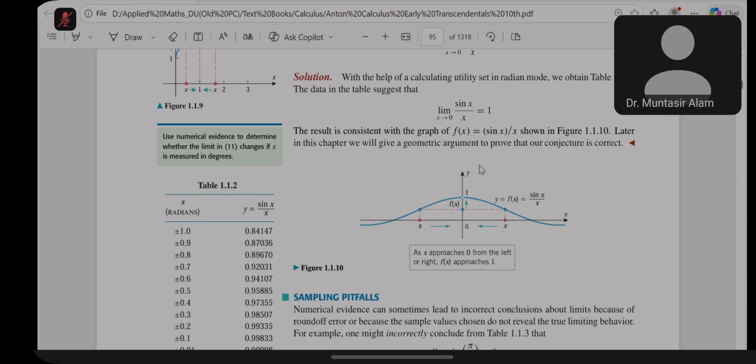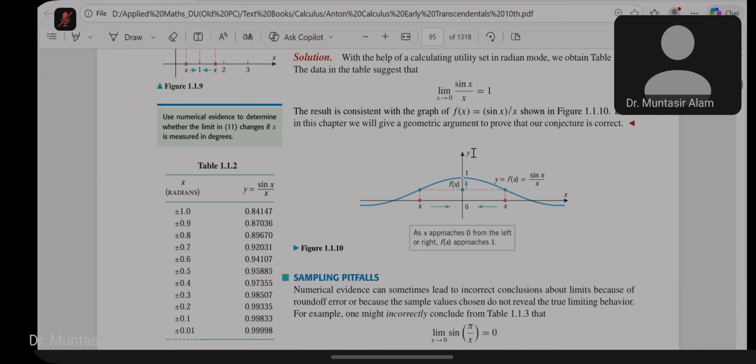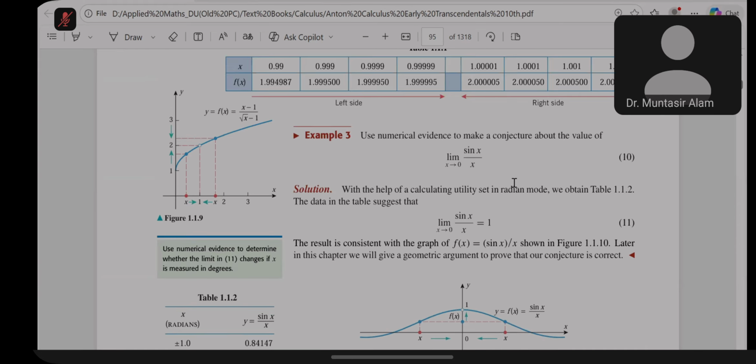So there are several ways to calculate the limit of a function at a particular point. In the following example, you can also observe the limit existing as x approaches 0. Sin x by x is a quotient function where the limit does exist at x equal to 0.